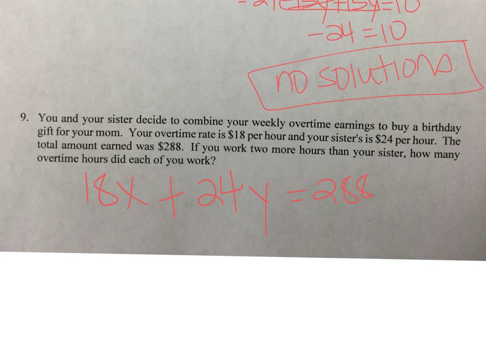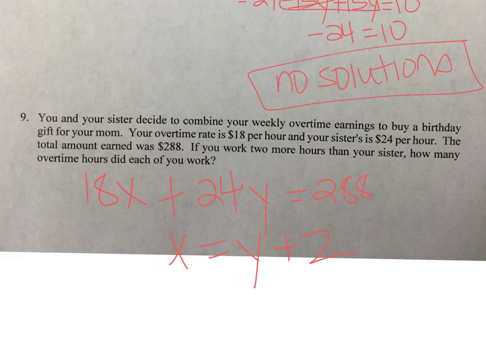If you, which you're X, work 2 more hours than your sister, how many overtime hours did each of you work? Okay, so you are X. You work however many she worked, which is Y, but you add an additional 2 hours more than what she worked. Okay, so we have 2 equations.